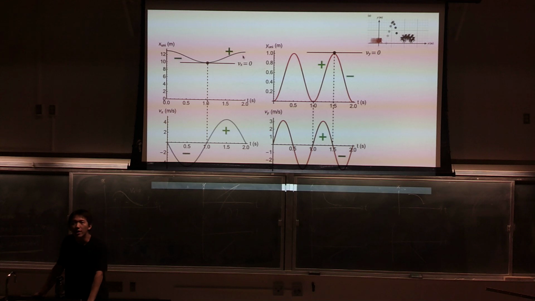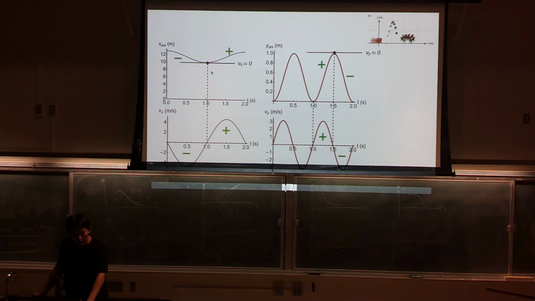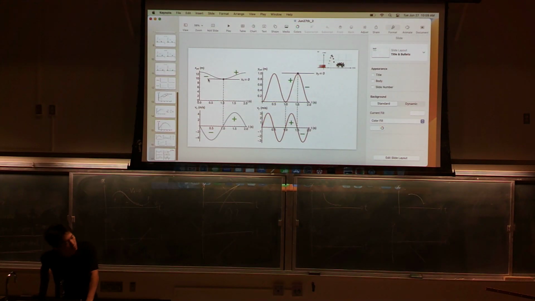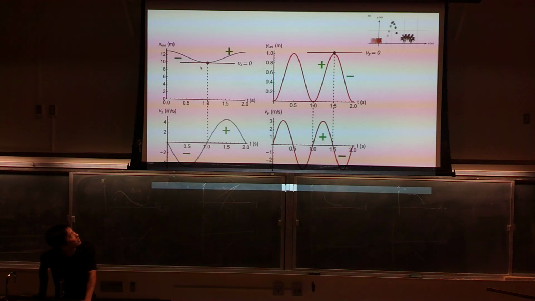The corresponding Vxt graph should have all these features. At this time, the x velocity is indeed 0. And when the x position is decreasing, it should be negative. When it is increasing, it should be positive.